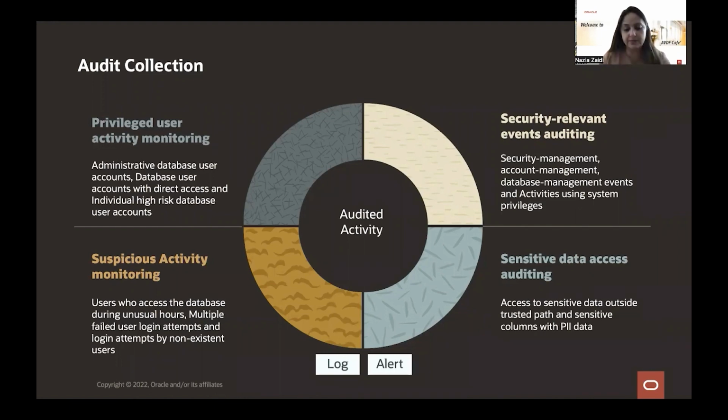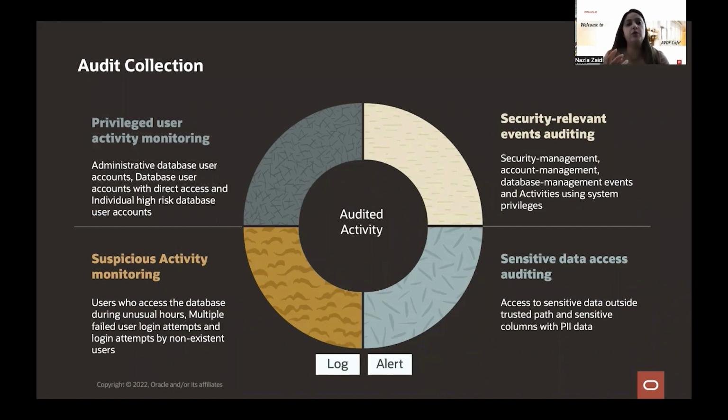For Oracle, you can push those audit policies back to the Oracle database, but for non-Oracle databases, there is reporting and alerting, and you can define your alerts and reports focusing on what exactly your privileged users, like database users, are doing, whether they are doing direct access, or how individual accounts are at high risk, etc.